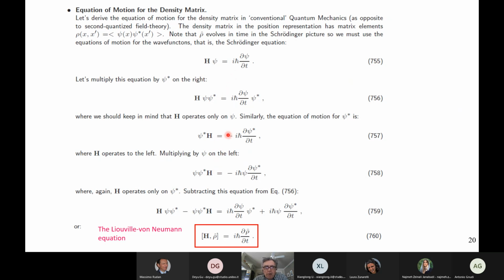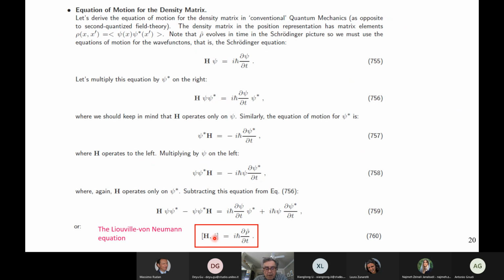You take the conjugate, you can subtract the two, and at the end you find that the difference between the two operations that you have done is given by this, which simply says that the commutator of the Hamiltonian with the density matrix, as you see here, is equal to the time derivative of the density matrix itself, multiplied by h bar. This is the major difference that we have between operators and the density matrix.